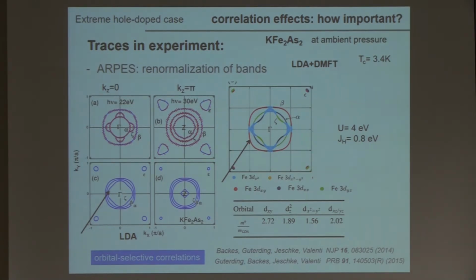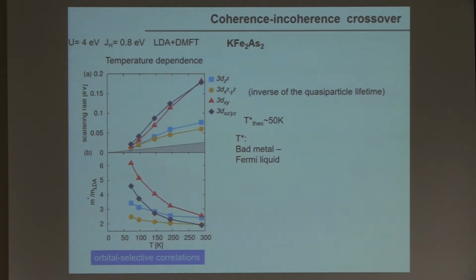So these orbital selective correlations, one can also observe that by analyzing whether this material shows bad metal behavior. So we know that if we have correlations, the picture of having well-defined quasi-particles breaks due to this self-energy. And here what I'm showing is the calculations at different temperatures of the inverse of the quasi-particle lifetime. So if we are at very high temperatures, different orbitals have different quasi-particle lifetimes, and we see that the inverse are very large.